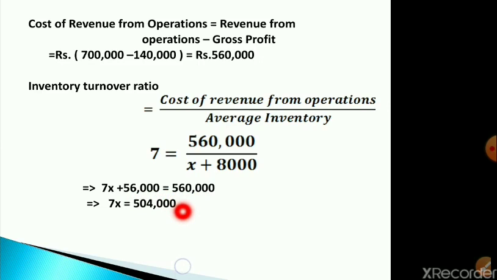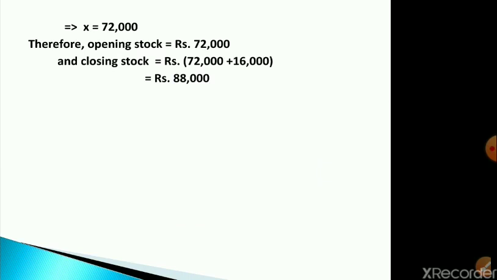That will give 7X equal to 5,04,000. So therefore X is equal to 72,000. Now this 72,000 is our opening stock or opening inventory. Therefore the closing stock will be rupees 72,000 plus 16,000, that is rupees 88,000.